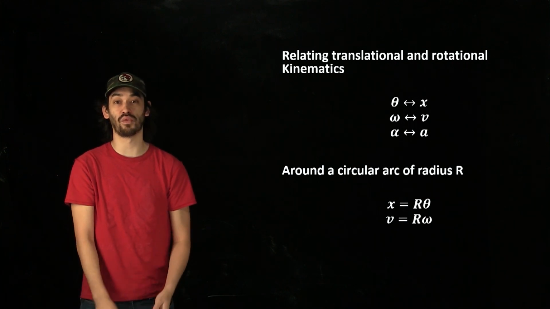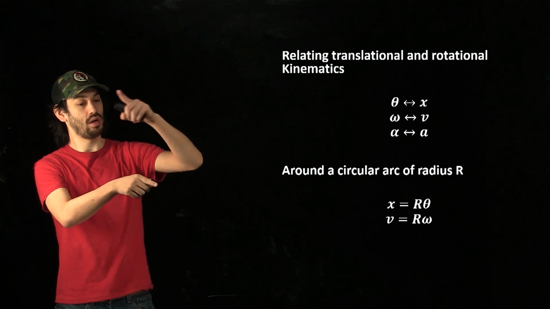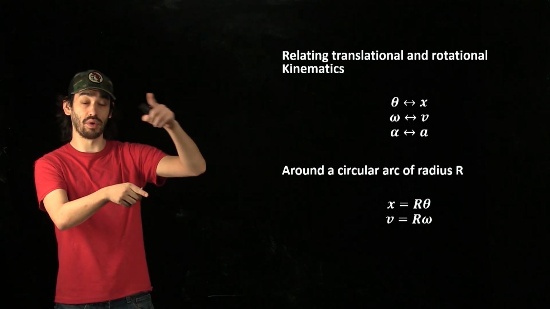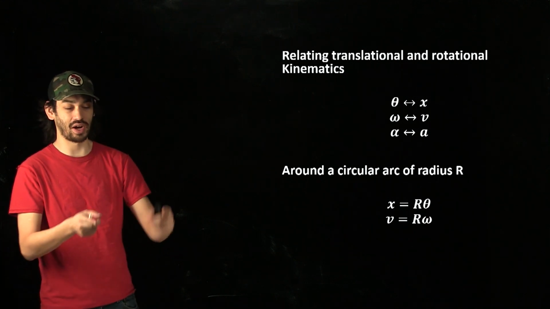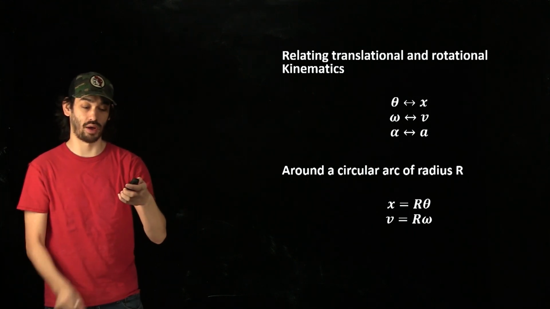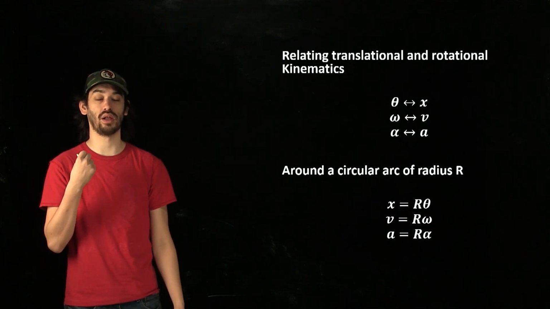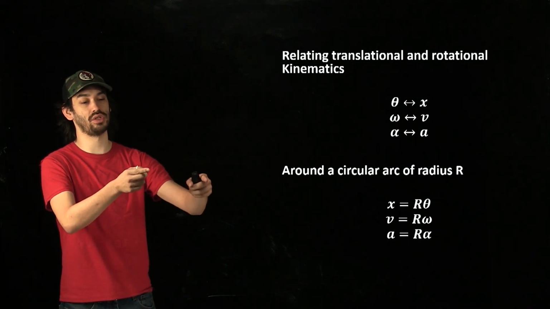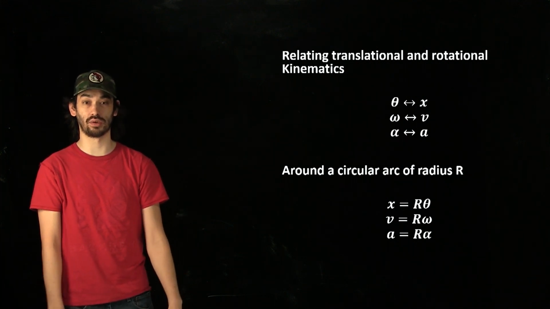We could say something similar for the velocity, and so if we wanted to find the tangential linear velocity over the arc of the circle, we could say that that's going to be equal to the radius times the angular velocity. And finally, we could say something similar for the linear acceleration. So the linear acceleration tangent to the circle is going to be equal to the radius of the circle times the angular acceleration, alpha.